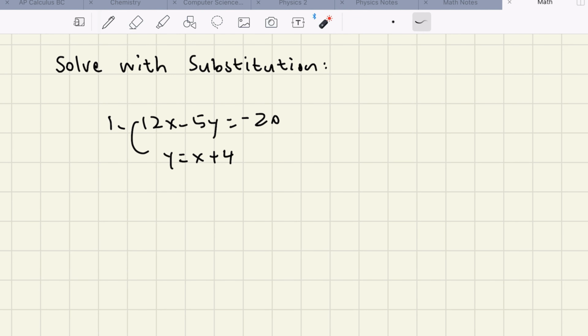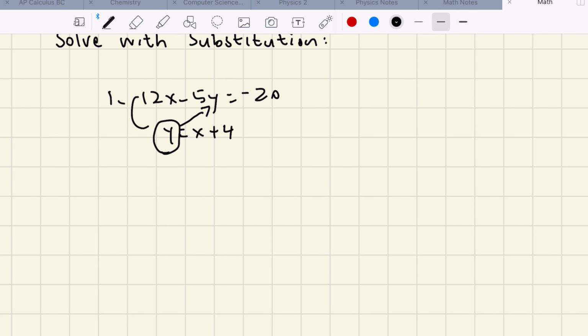Here, y equals x plus 4, so you already know what y equals. It's not a number or a constant, but you know it's equal to x plus 4. So you can take this y and substitute it back in here, and you'll get 12x minus 5 times x plus 4 equals negative 20.